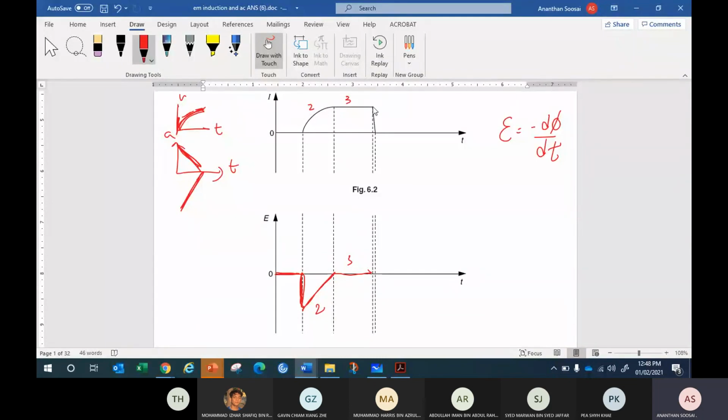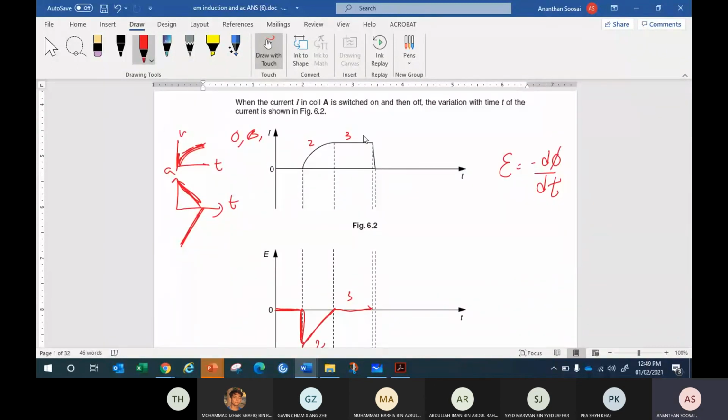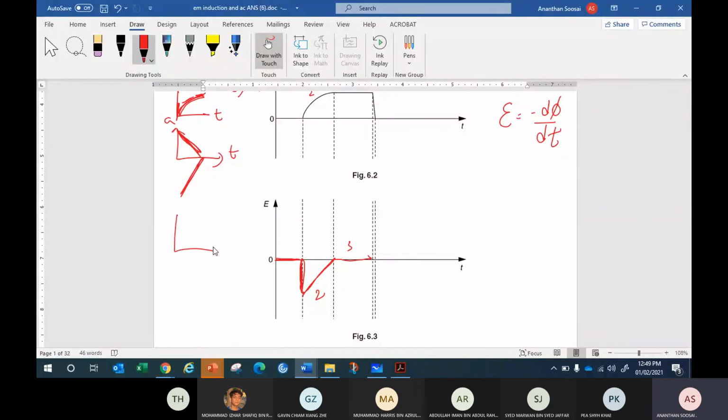Fourth one, flux dropping, or VT dropping. Why am I saying flux? Current, magnetic field, flux, same shape. So flux is dropping. Imagine a VT graph going like this. How does the acceleration graph look like? It's going to be constant but negative.